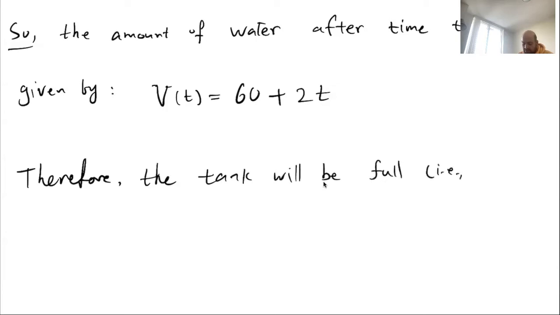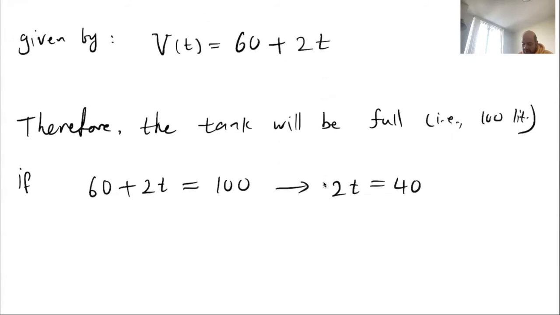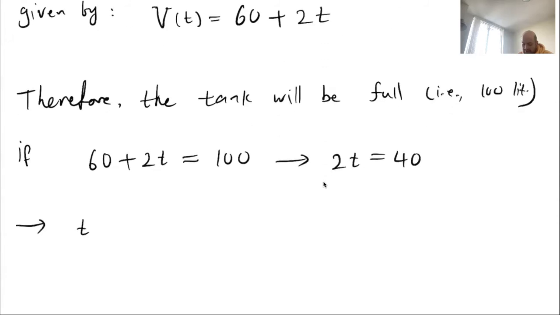Full means 100 liters. If 60 plus 2t becomes equal to 100, that means 2t equals 40, and that means t equals 20 minutes.